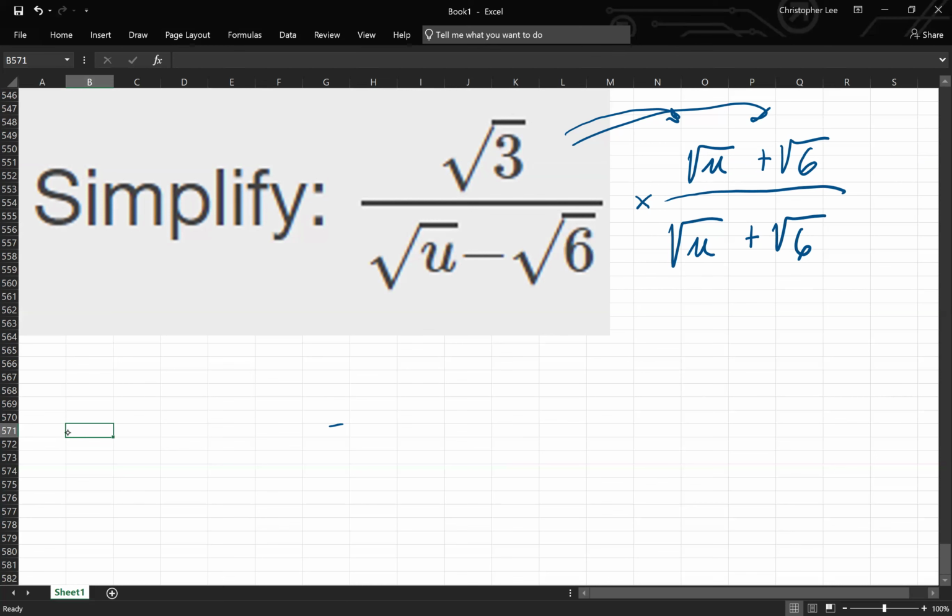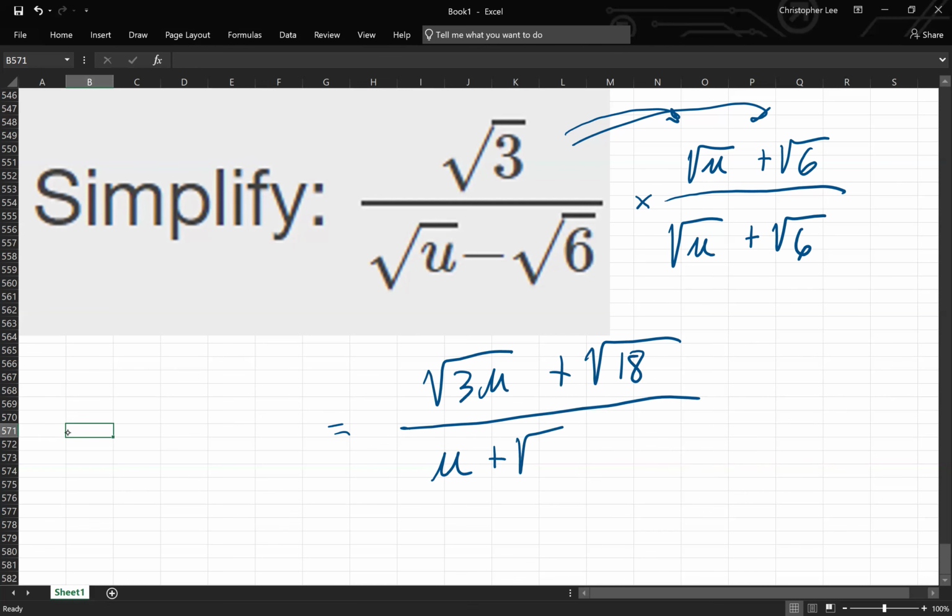So the top should be square root 3u plus square root 3 times 6, 18, all divided by square root u times square root u, which is just plain old u. And then we're going to have plus square root 6u minus square root 6u. And then a negative times a positive is a negative. And then square root 6 times square root 6 is square root 36.